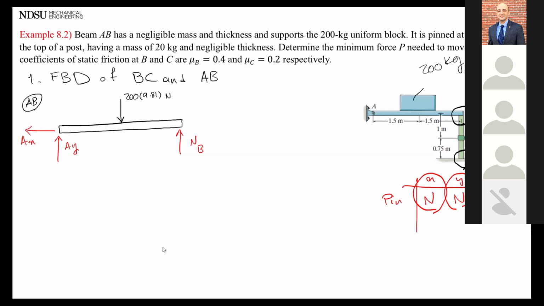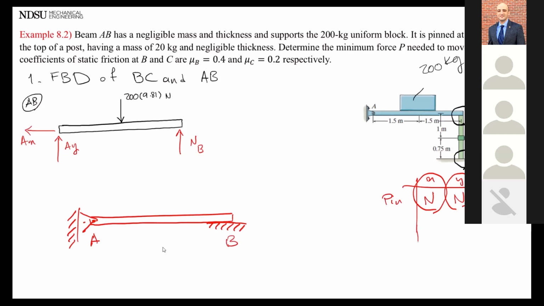Okay, here's the thing. So this is just sitting on the ground, right? And here's a pin. Okay. So let's call this A, let's call this B. A, we figured it out. Let's look at point B.